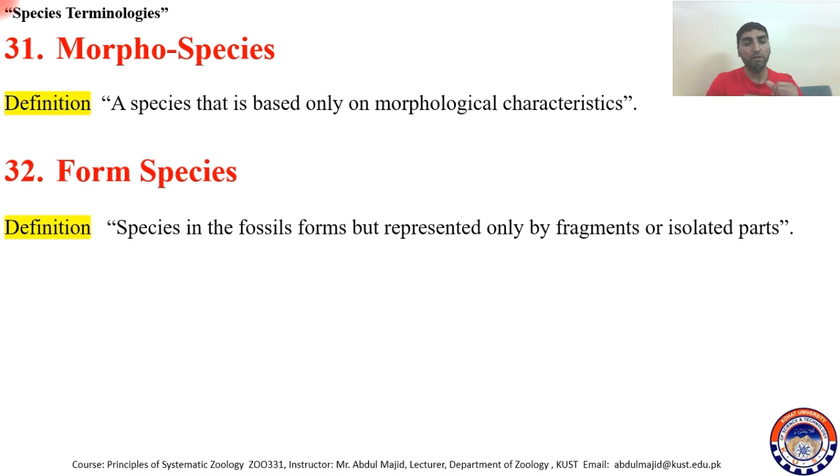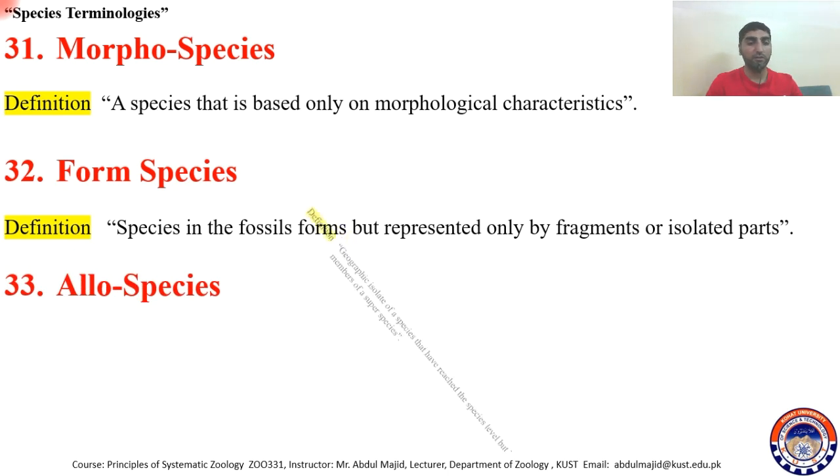For example, if you take the example of the woolly mammoth, they were found in frozen form, very intact, and the complete organism was found. So that is not a form species. But all those species which are not present in whole form, but whose fragments have been collected from different regions of the world, are known as form species.